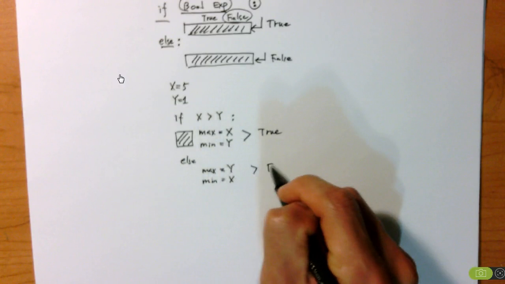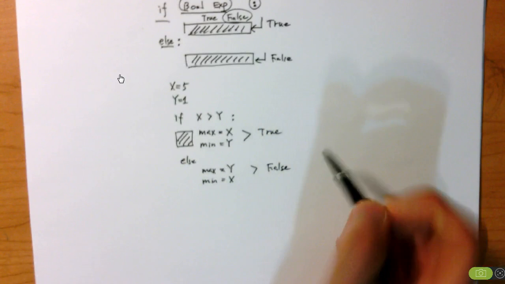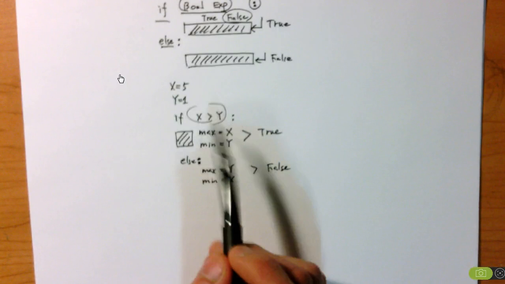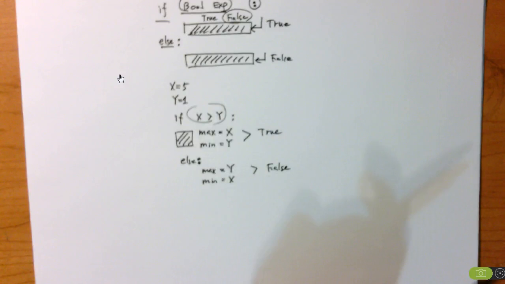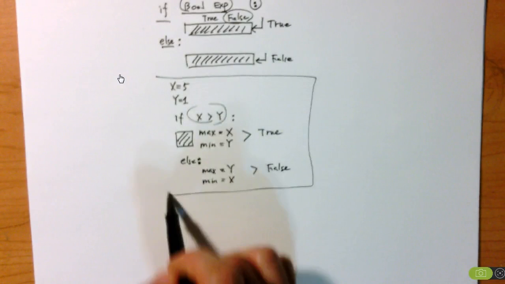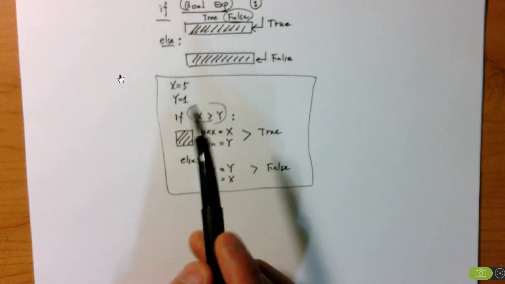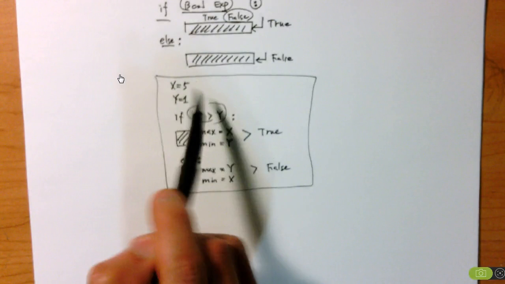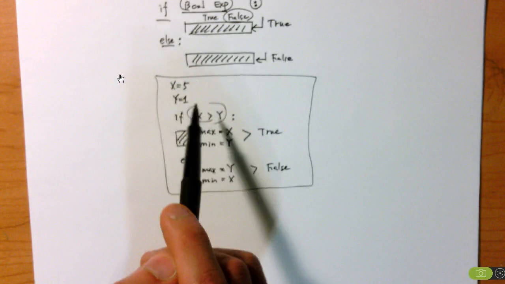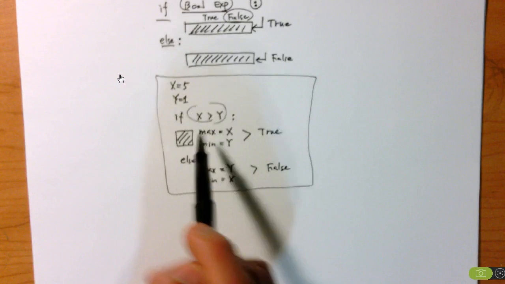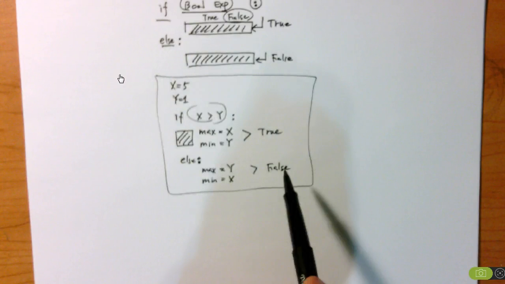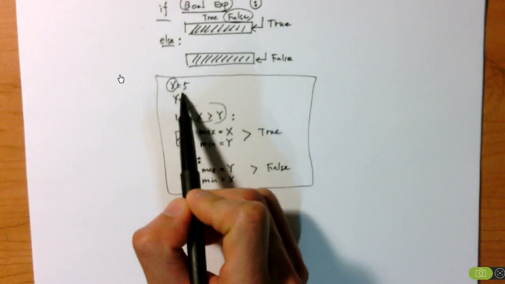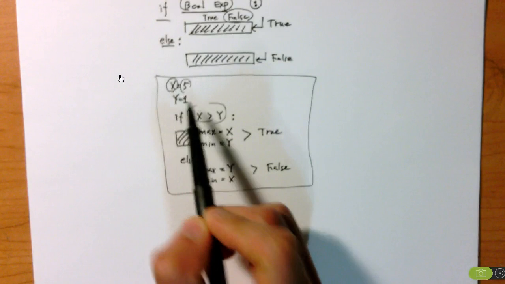These statements are executed when the Boolean expression evaluates as false. So what this program does is compare x and y and find out which value is the maximum and which is the minimum. In this case, obviously x should be the maximum because 5 is greater than 1, right?